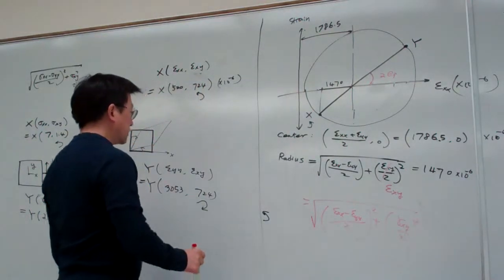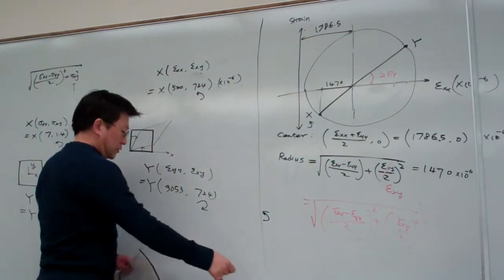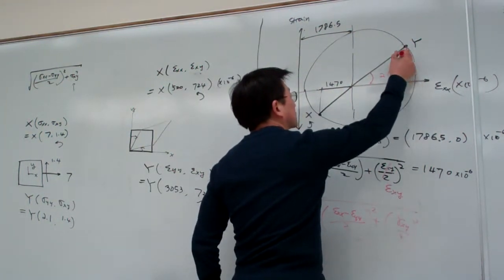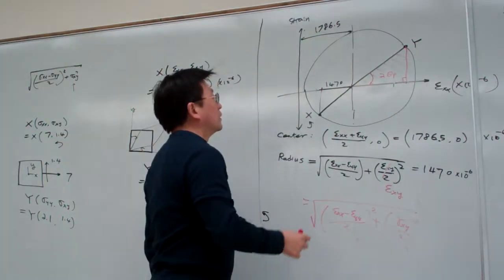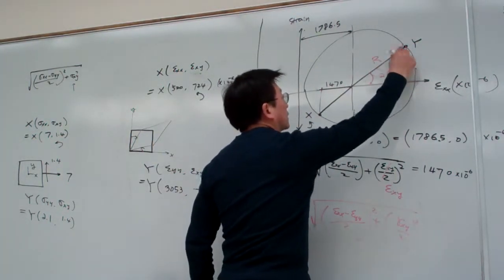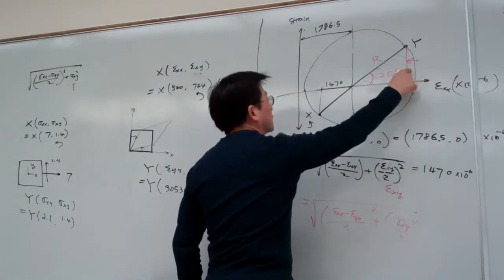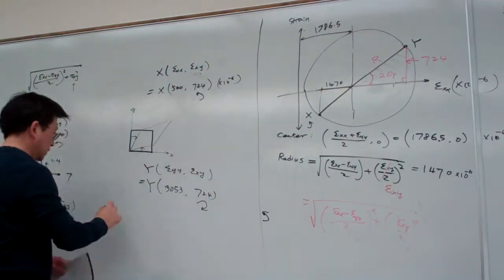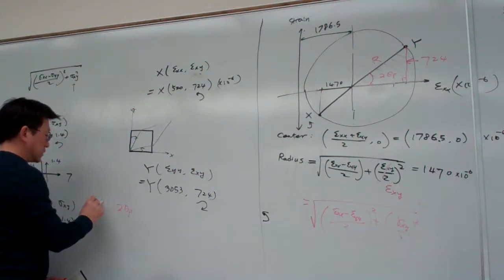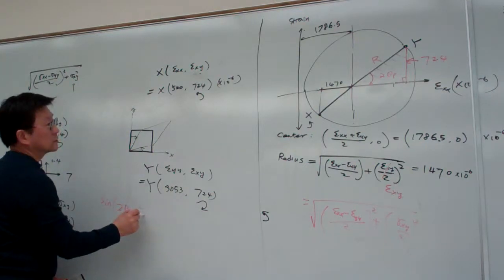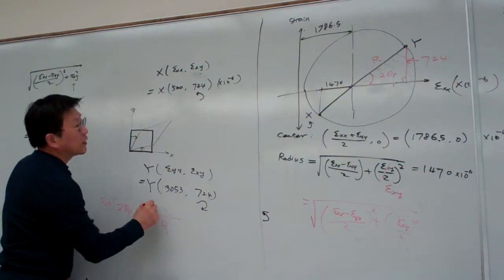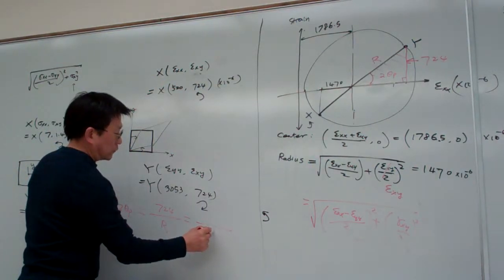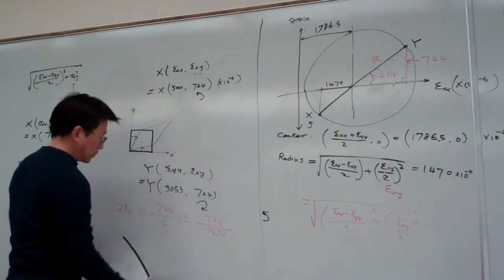In a similar way, we can determine the 2 theta p using the triangle. If you utilize this triangle, this is 90 degrees. So this is the radius, and this height is epsilon xy, 724. From here you can determine 2 theta p: sine 2 theta p equals 724 over r, and our r equals 1470.